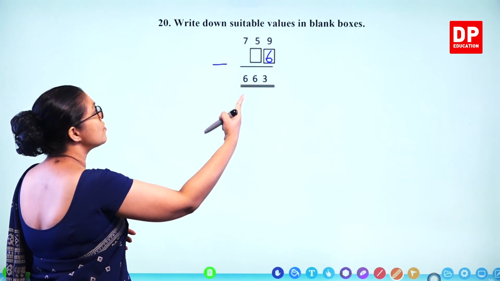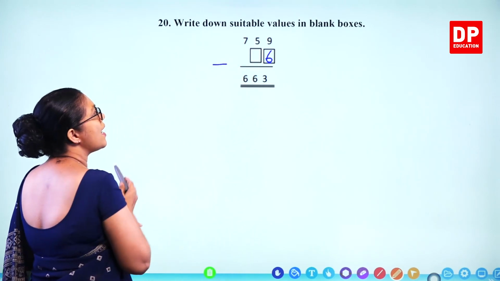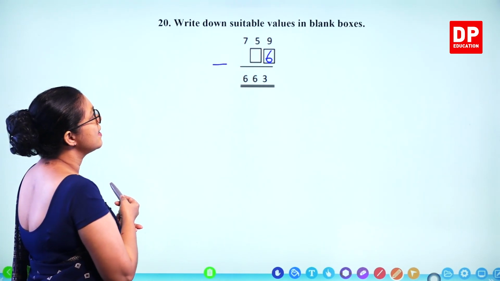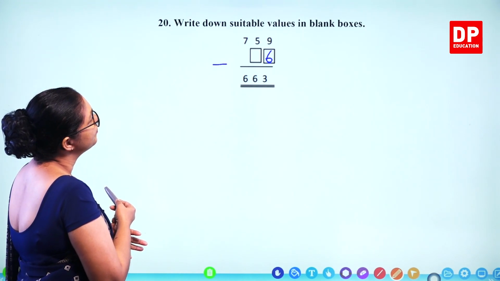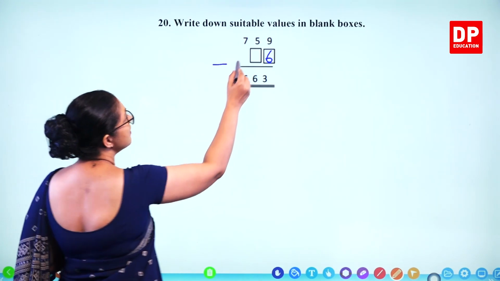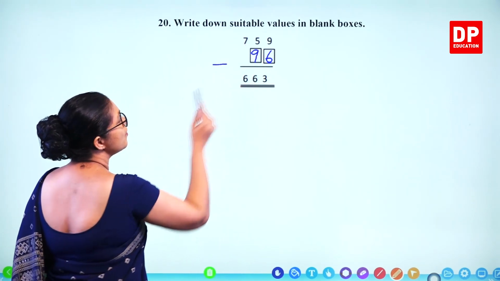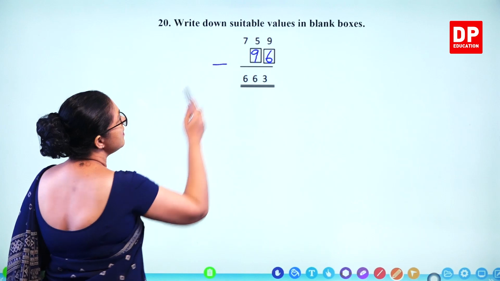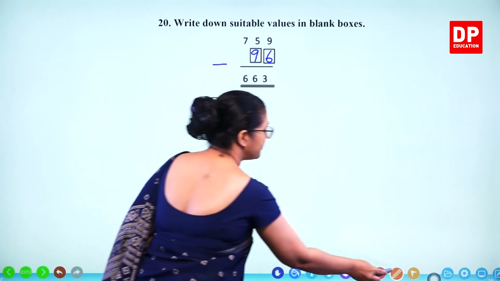So that means you are subtracting 15 minus something to get 6. 15 minus 9, you get 6. And then this becomes 6. So 9 and 6.